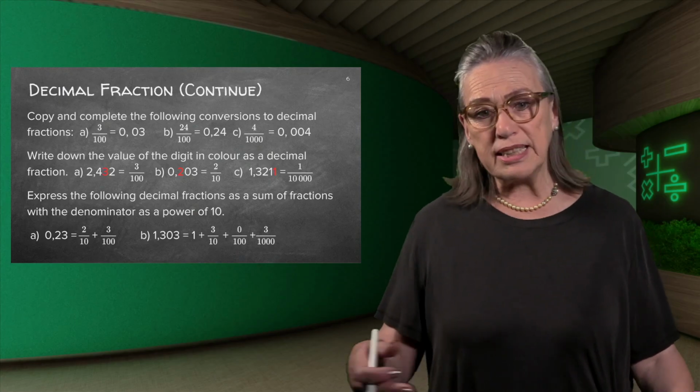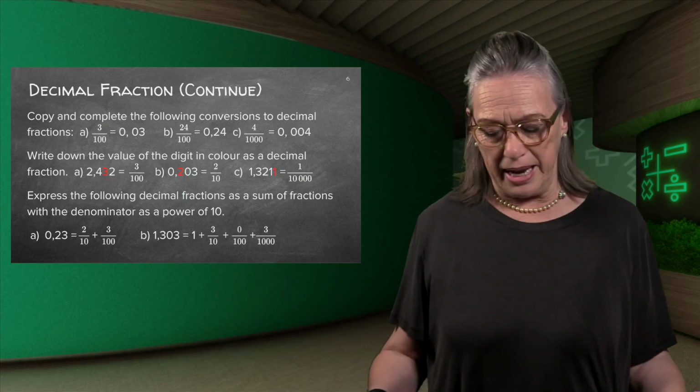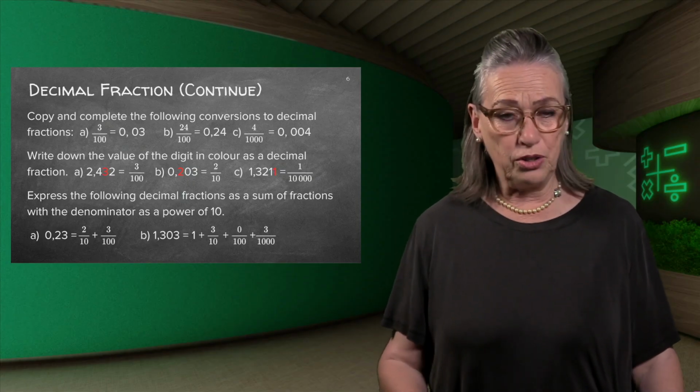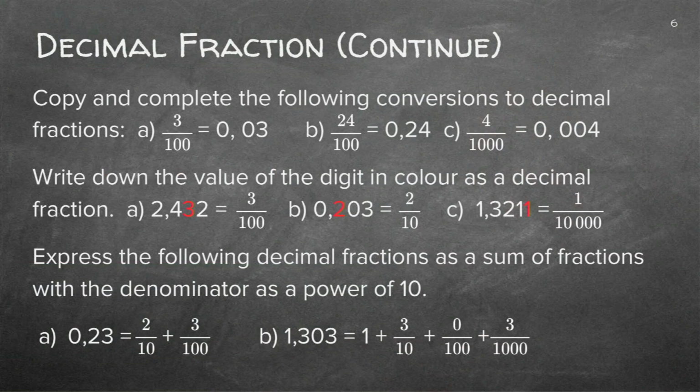So let's do some decimal fraction sums and see if we understand. They can ask it to you in a different way. Say, for example, they ask you, copy and complete the following conversions to decimal fractions. So 3 over 100. Remember what I said? If it's a power of 10, depending on how many zeros, that amount of times we move it to the left.